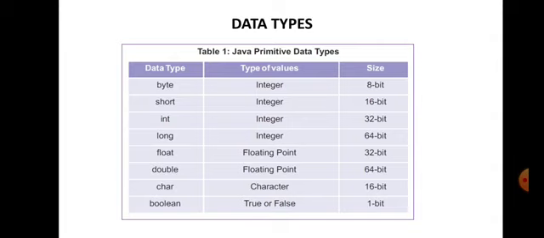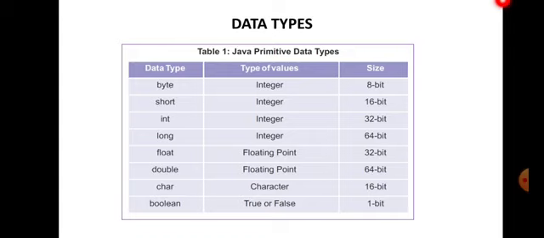Now before that, Java primitive data types are given. What is Java primitive data types? Let us discuss that. A Java primitive data type can have only a single value. So if it has a single value, then it is called the primitive data type. They do not have any special capabilities.